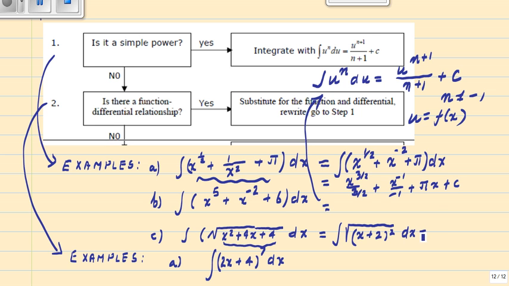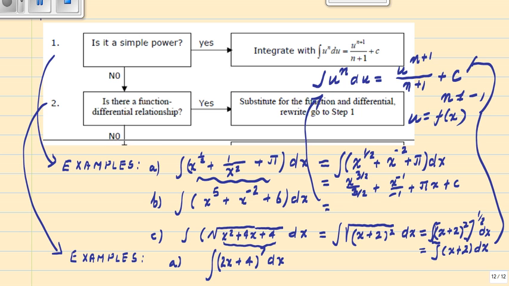And then we can simplify that. That's nothing different than x plus 2 squared, and square root is to the power of 1/2 dx. Then we simplify that, and that becomes the integral of x plus 2 dx. And now again we can go and apply this formula in here.